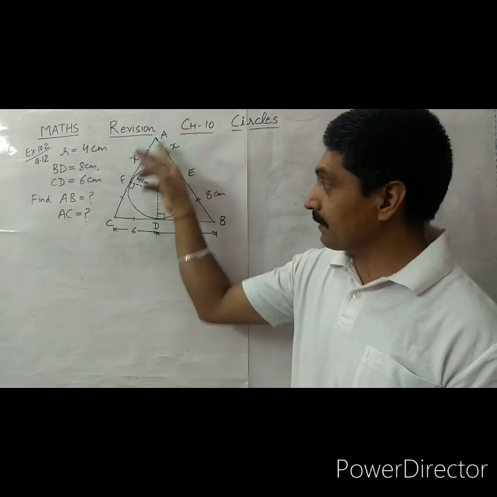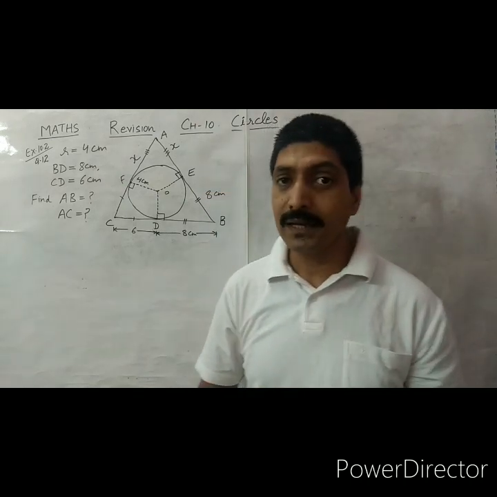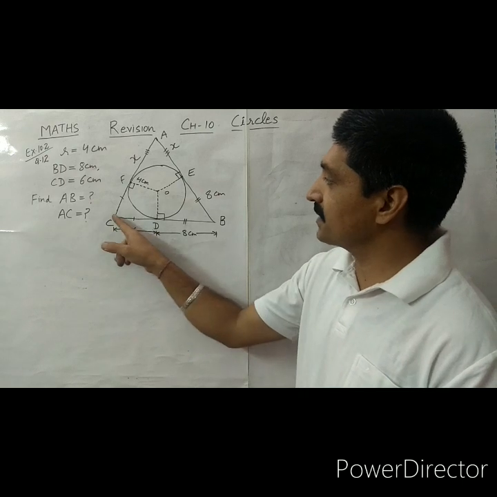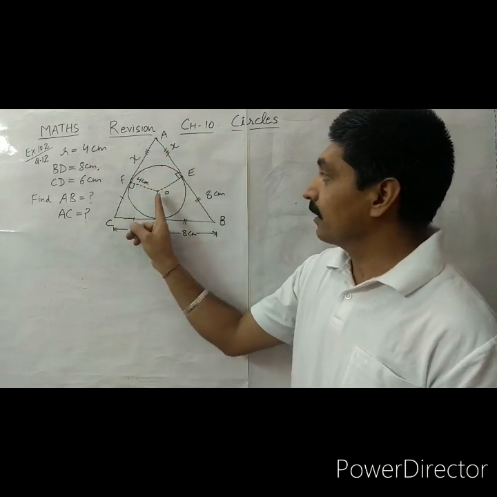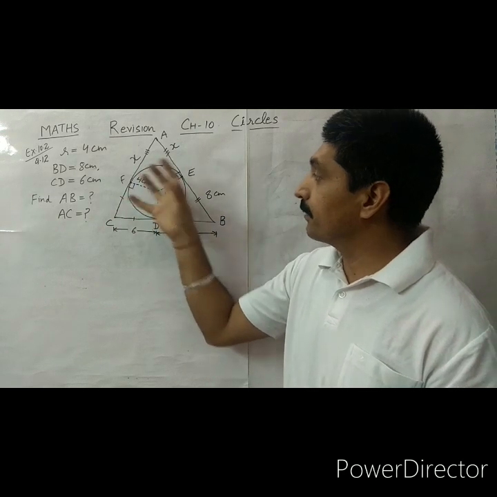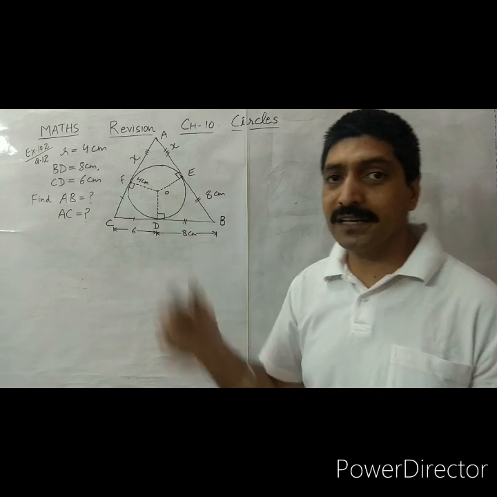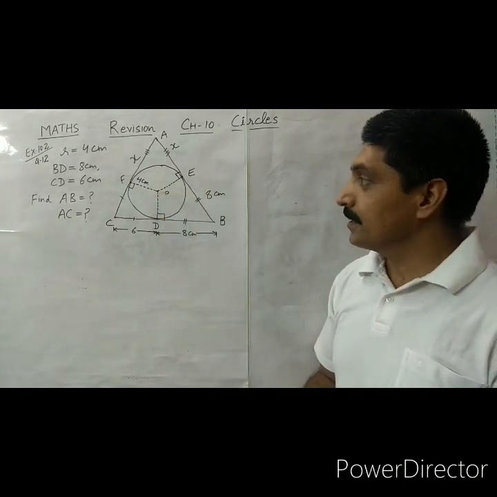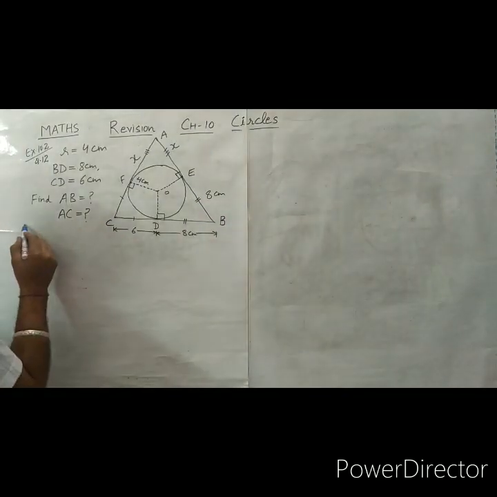First, I will apply Heron's formula, and after that, I will join C with O, A with O and B with O, and frame three triangles and then find the area of the triangles by half into base into height. So let's start the solution here. The diagram is given in the book also.